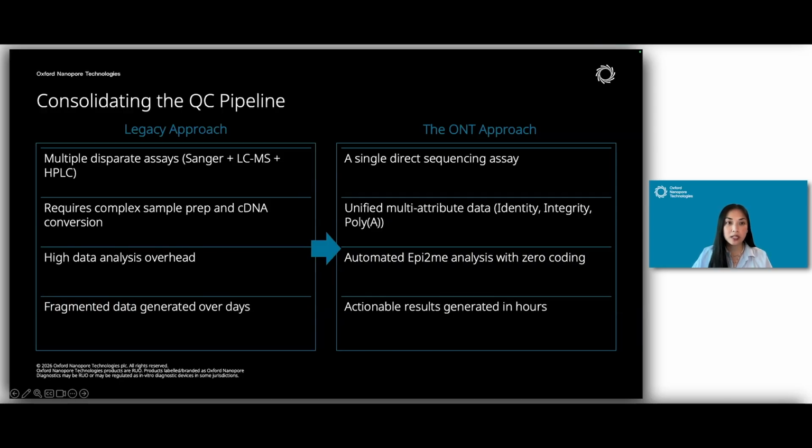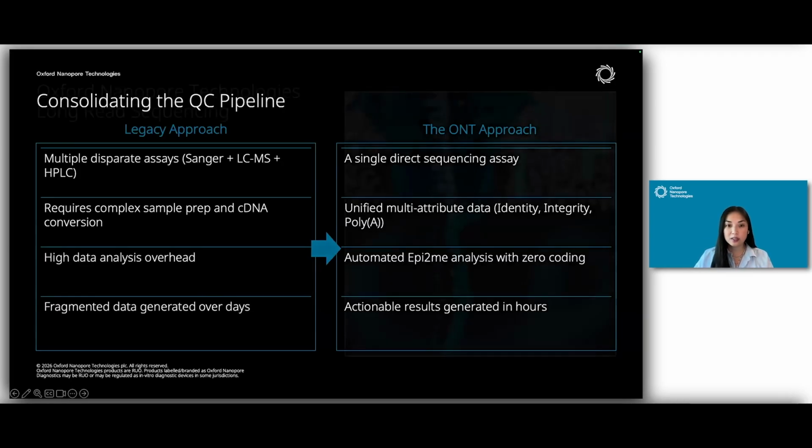Legacy approaches may contain high data analysis overhead as you incorporate multiple attributes into one, whereas our automated analysis requires zero coding and provides you with a pass-fail output at the very end. Legacy approaches also have fragmented data generated over several days, increasing your time to answer, whereas with the Oxford Nanopore approach, you get actionable results generated in hours.